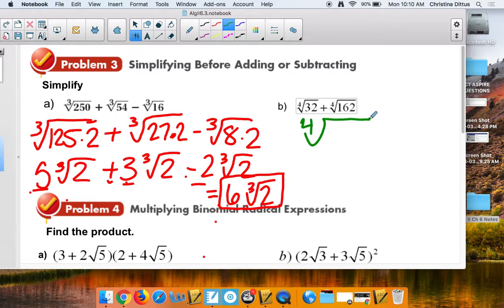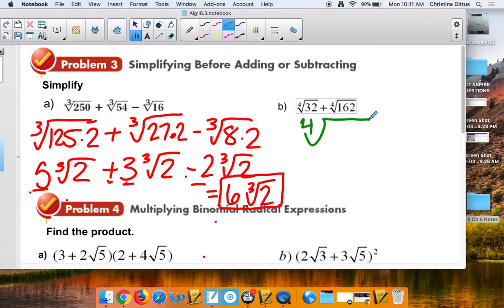What can I break 32 down into on a 4th? 2, 4th root of 2. That's not helpful. 3. That's not helpful.